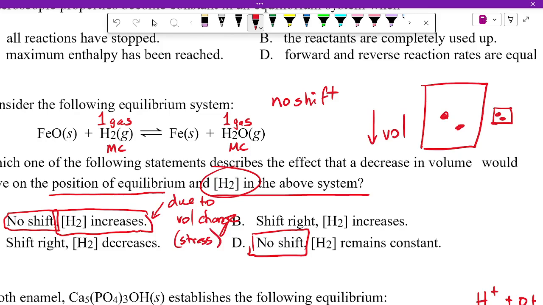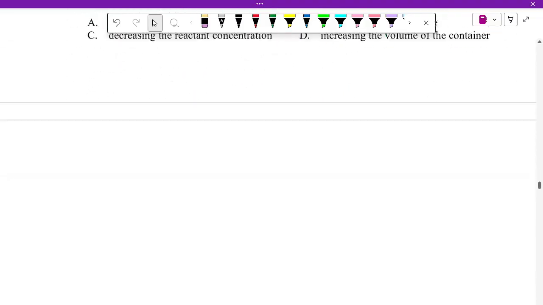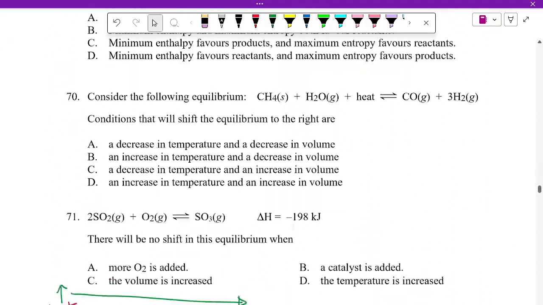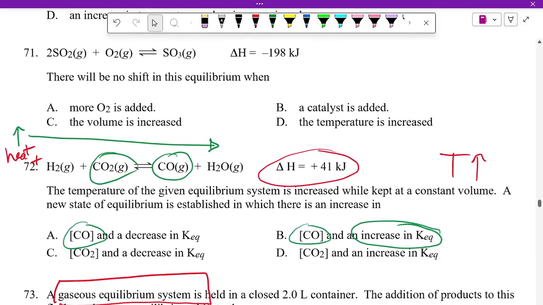All right, 72. Oh, we did 72. That's okay, we'll do it again.